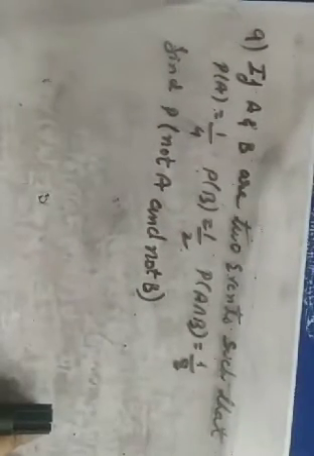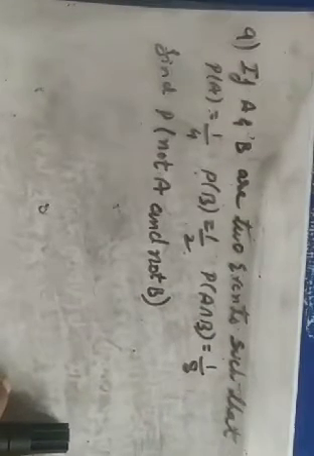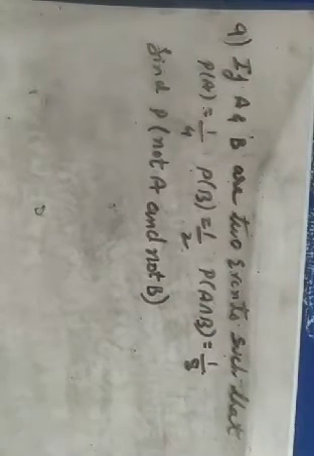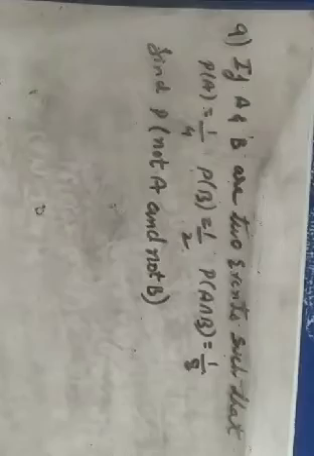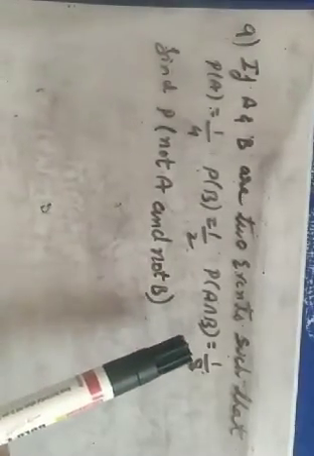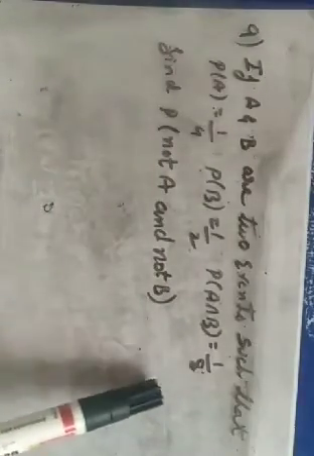So let's move to next question, that is the 9th question. So we have to find not A, just write down the next question. If A and B are two events such that P of A is equal to 1 by 4, P of B is equal to 1 by 2, P of A intersection B is equal to 1 by 8.